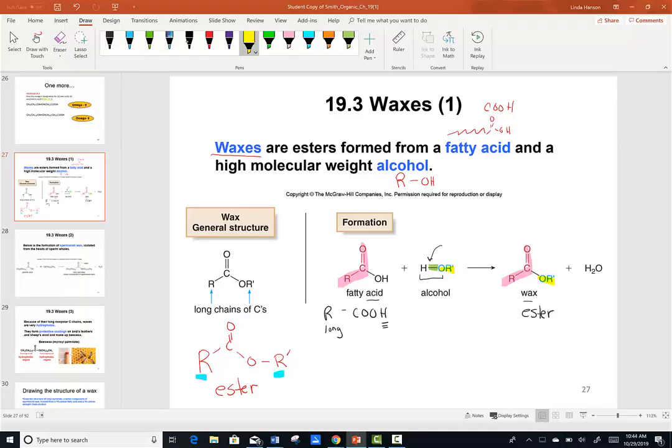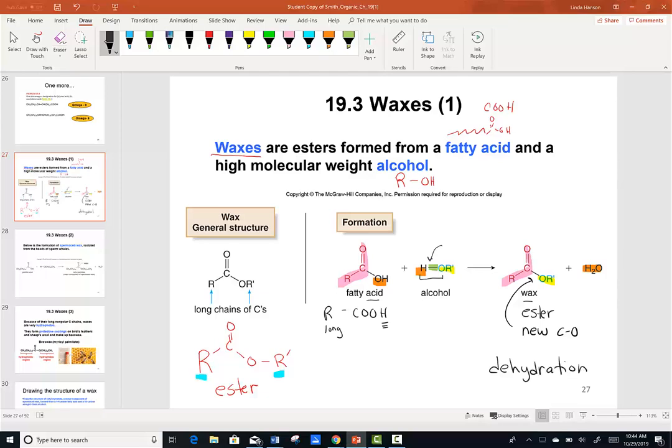We have a new CO bond that forms. And of course, we can also see how a water molecule, an H and an OH, have split out in the process of dehydration. To remove water is a process known as dehydration.